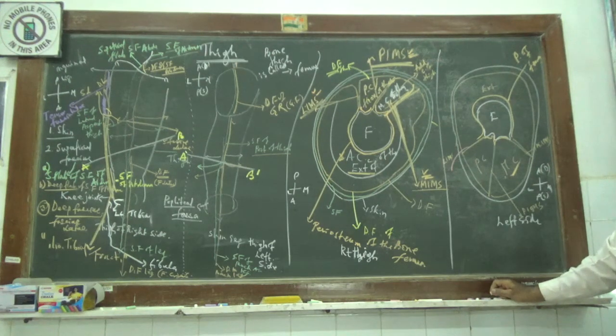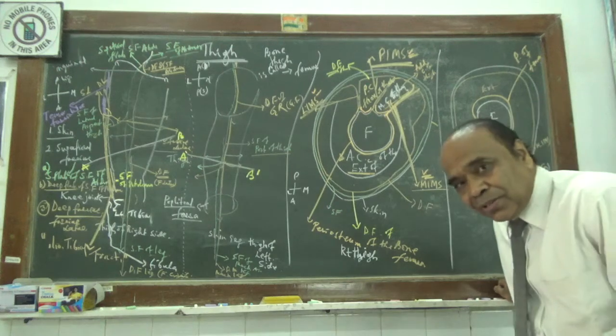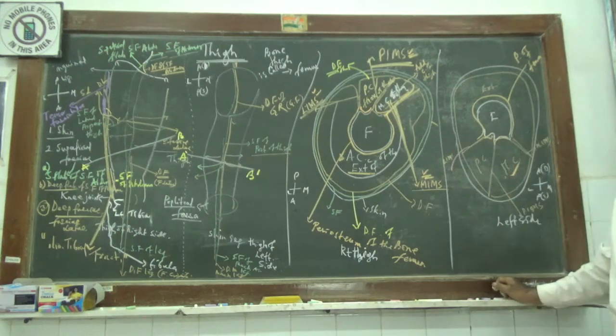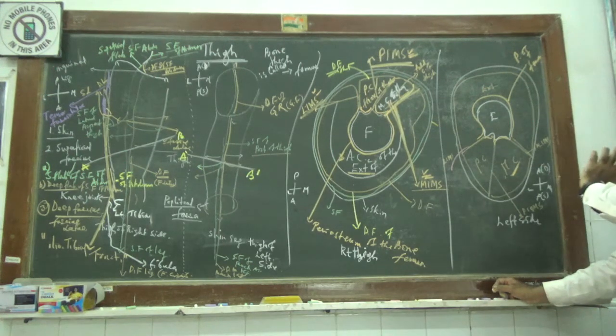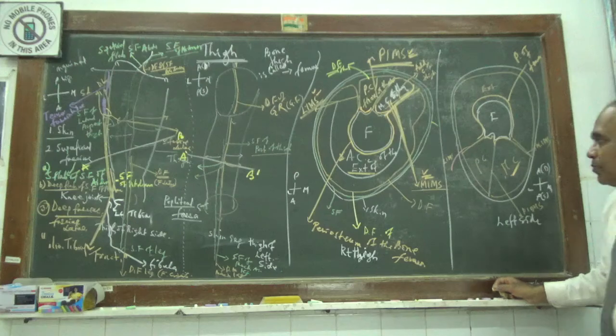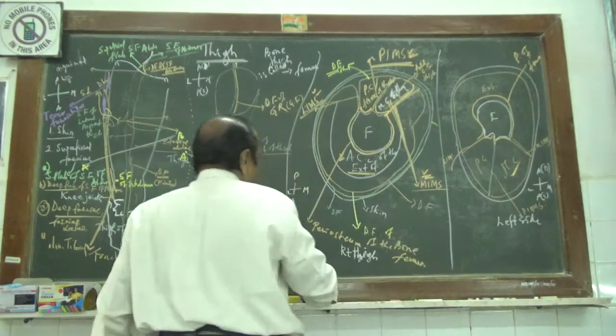Periosteum is nothing but a modified part of the deep fascia, after having formed the compartments and the intermuscular septa. So this is what you should know.